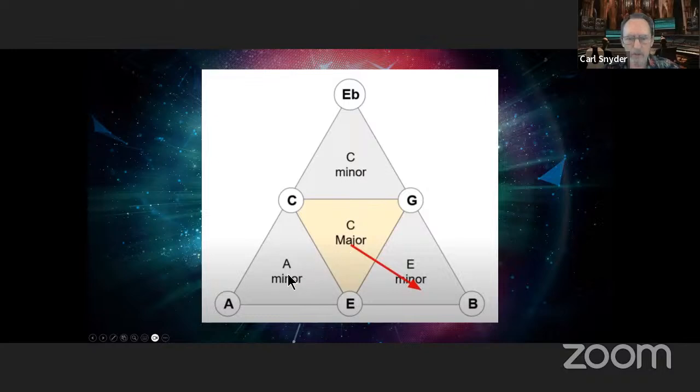Here's our relative. And here's our leading tone. So those are those three major transformations. And as you can see, these are notes, not chords, right? So this is the spelling. So it changed from C, E, G, right, to C, E flat, G for C minor, or rather A, C, E for A minor, and E, G, B for E minor. Okay, so everything clear so far.